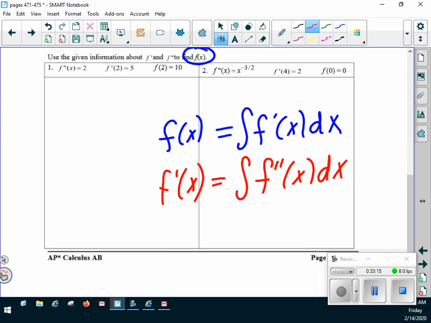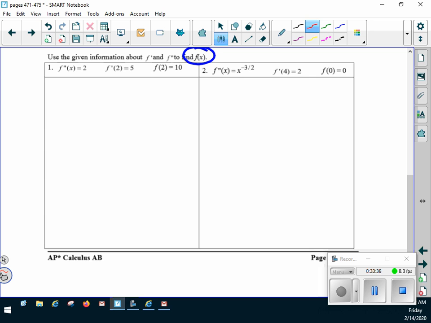Oh, so if I know the acceleration and I integrate acceleration, what do I get? Velocity. And if I integrate velocity, I get position. Oh. So we're working backwards trying to find f of x. So what we're going to do is integrate f double prime of x.